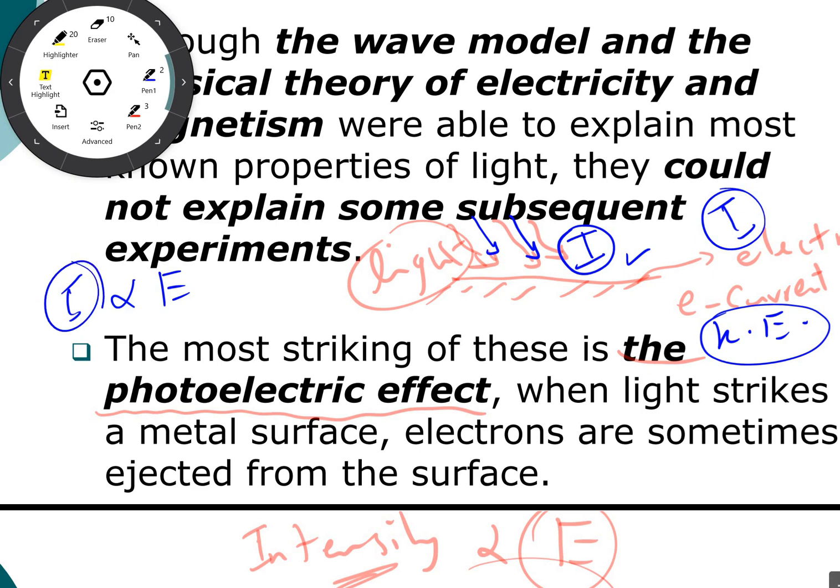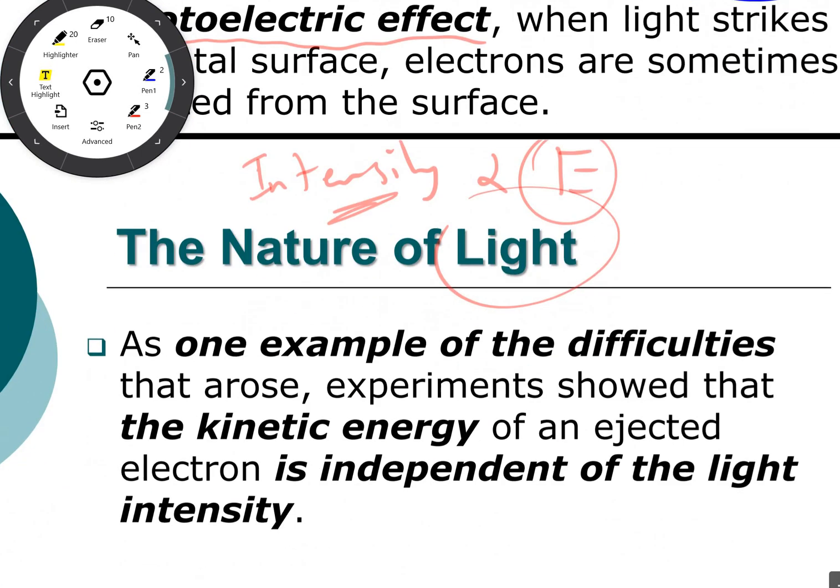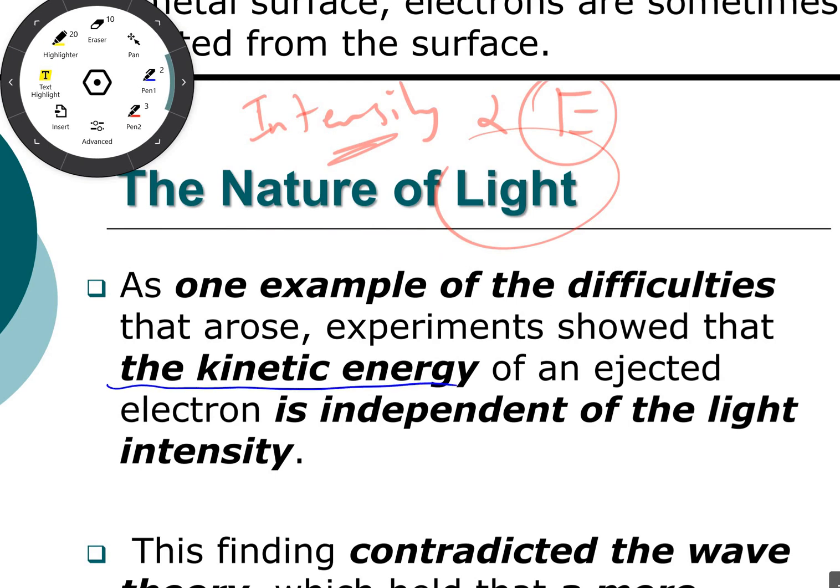So increasing the intensity should increase the amount of energy, and when the incident energy increases, the kinetic energy of emitted electrons also should increase. But they found that the kinetic energy of emitted electrons is independent of the light intensity.